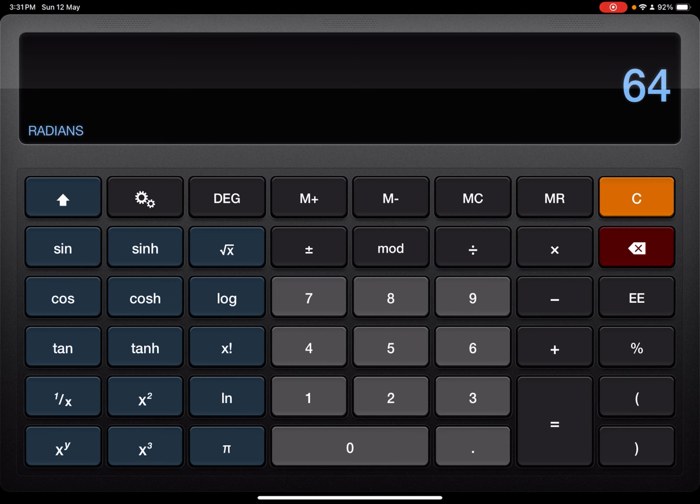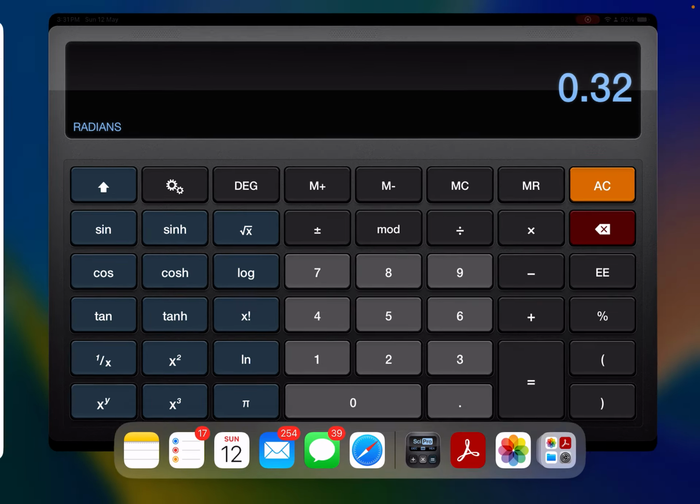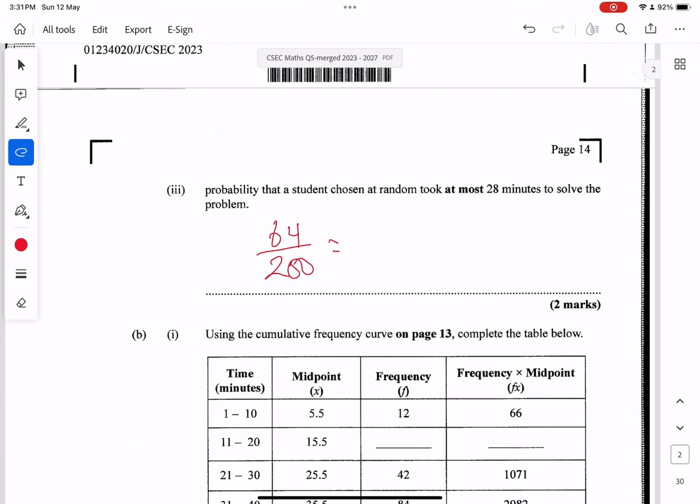Where's the division symbol on this thing? Divided by 200 equals 0.32 or 32 over 100. Right, so that is going to be 32 over 100, or 32%, or 0.32. Any of those would work.